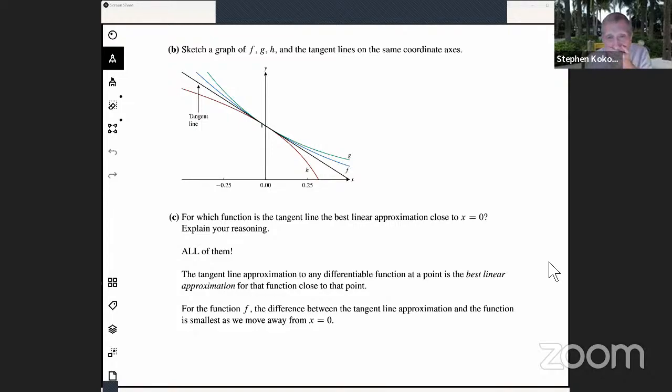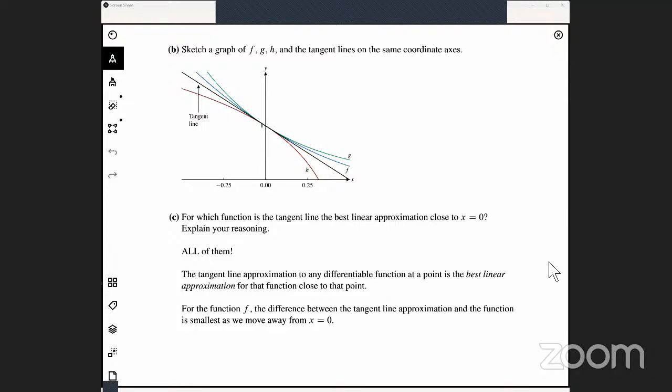It kind of looks like the graph of f remains closest to that black tangent line. So as we move farther away from x equals 0, the tangent line approximates f just a little better than h or g. That's a neat problem, the way that works.